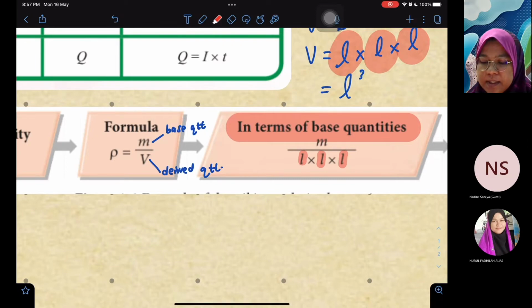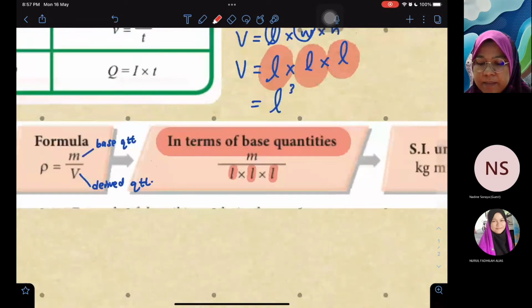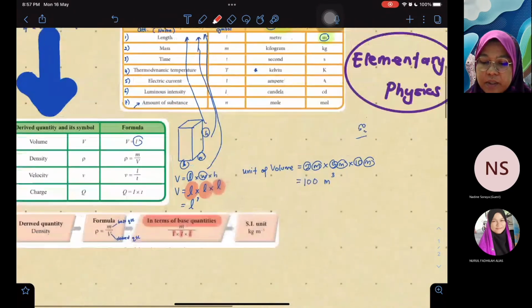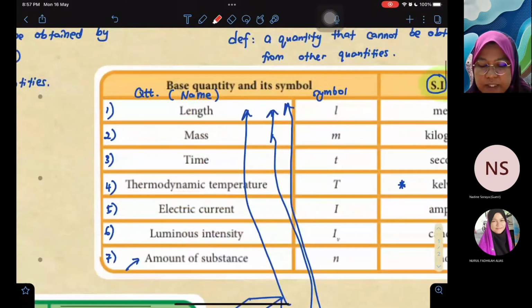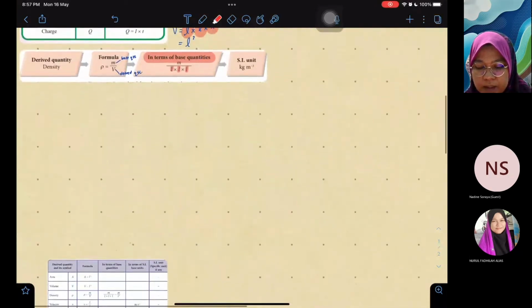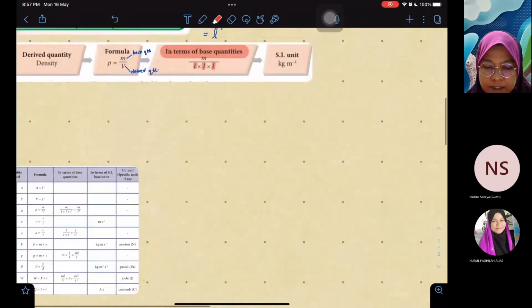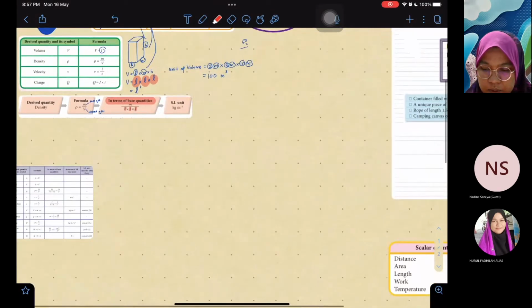So this is the answer in terms of base quantities. Faham? Base quantities tu kita kena recall balik, kena hafal jugalah, what are the 7 basic quantities tu. Okay, ini dalam textbook juga.